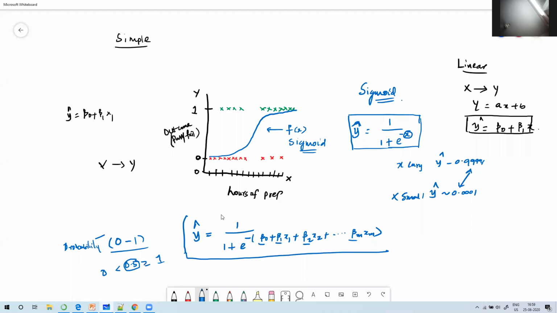So because it's always going to give you a probability, we are going to use the cutoff of 0.5 to say that if the probability is greater than 0.5, we would consider the class as 1. And it doesn't always have to be 0.5.